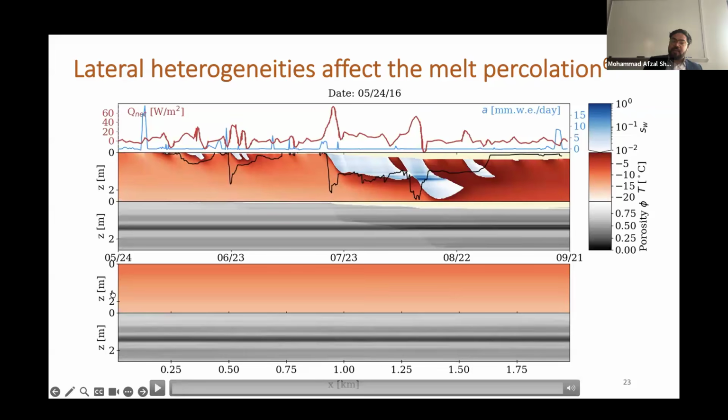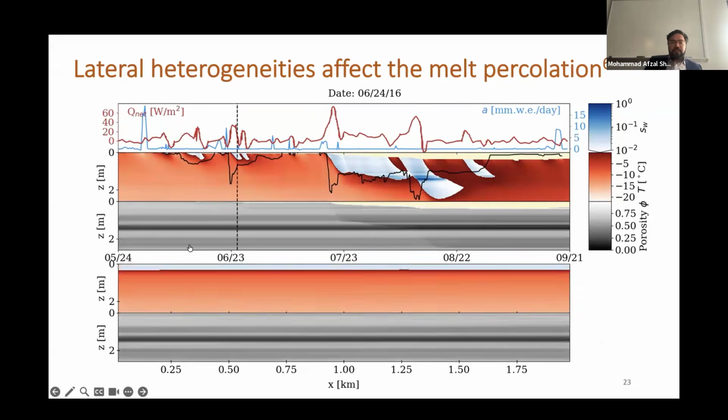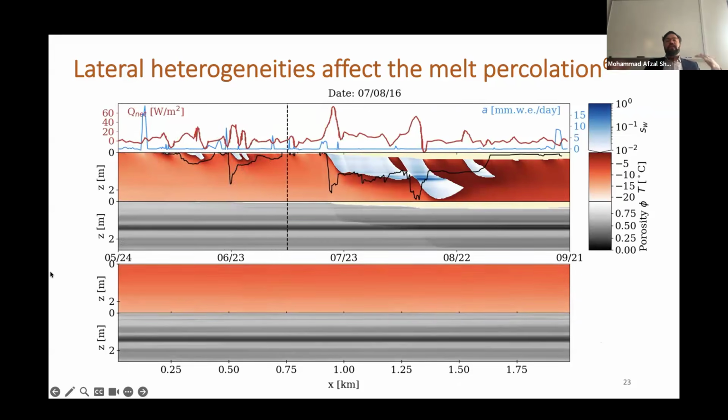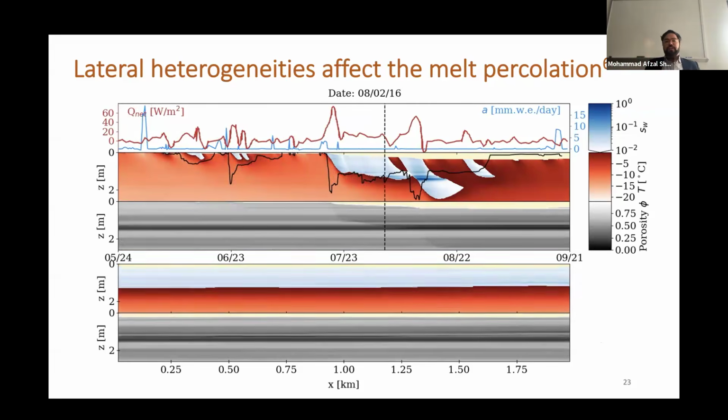Here you can see the top 2.5 meters versus 2 kilometers in the X direction. Let's see how this firn will evolve over time. You can see this black bar that tells you the time, and you can see that the meltwater flux or meltwater content is changing because of infiltration.